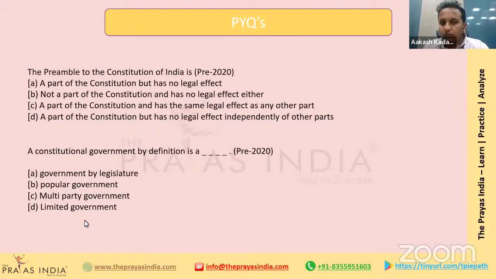If we have understood the meaning of the term constitutional government, it means a government which has to run according to the rules and regulations framed by the constitution of that particular country. Such a government is limited by the constitution of that country.